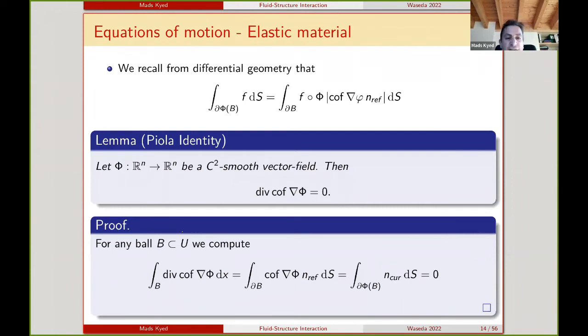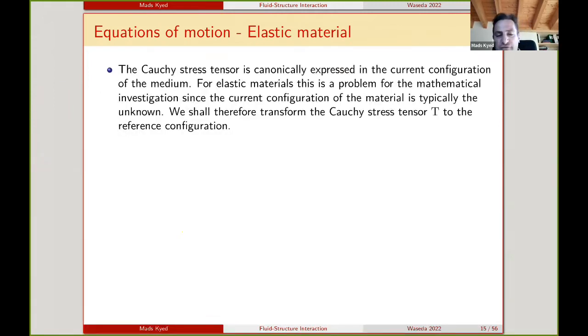But with some approximation argument, you can actually show this even in the case when the gradient of phi is singular. Anyhow, that was just because the Piola identity is so important. I wanted to show you that it's basically just a corollary to the change of coordinate formula we know from differential geometry.